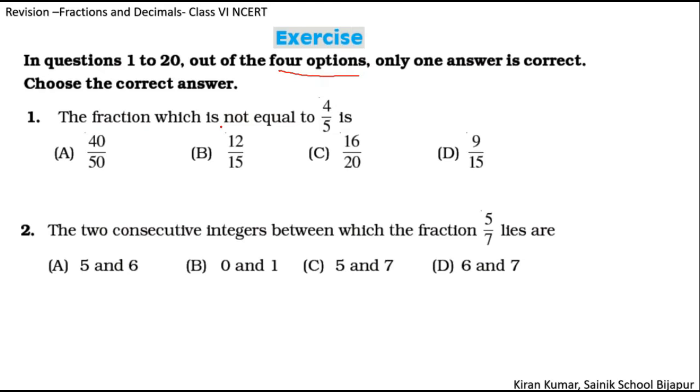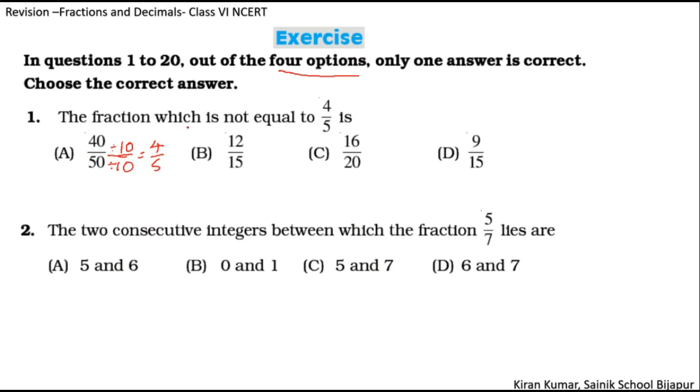The first question is, the fraction which is not equal to 4 by 5 is. We need to simplify the given fractions if they are not in the lowest form. If you look at this, 40 by 50, if I divide both numerator and denominator by 10 each, we get 4 by 5.